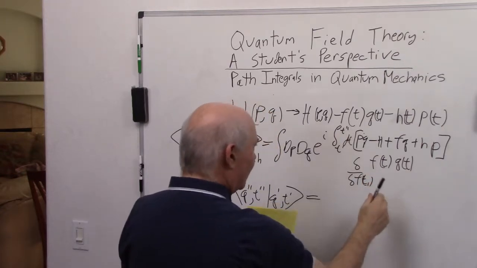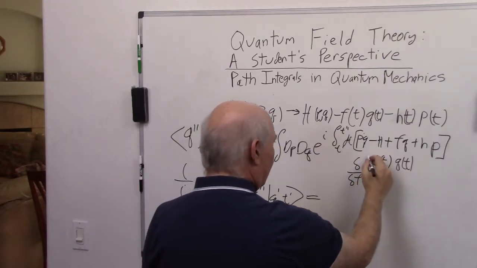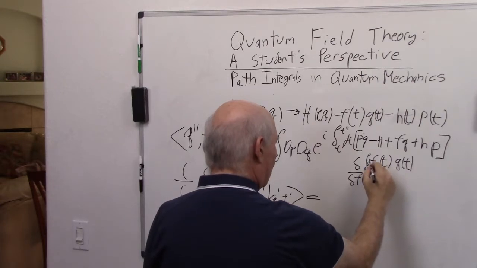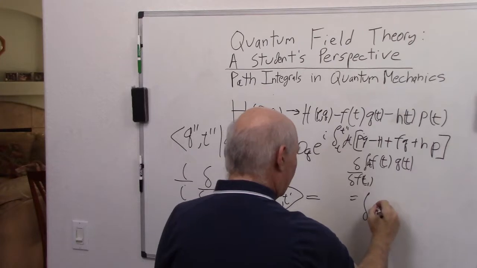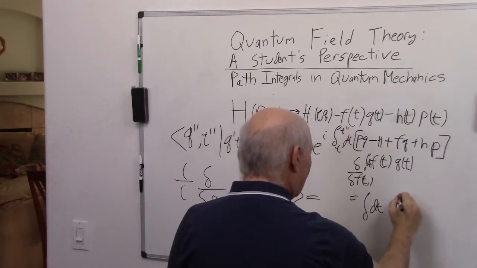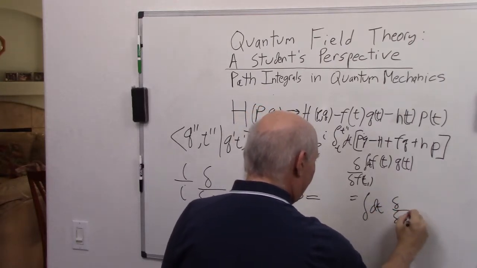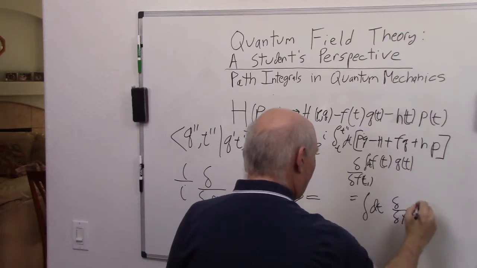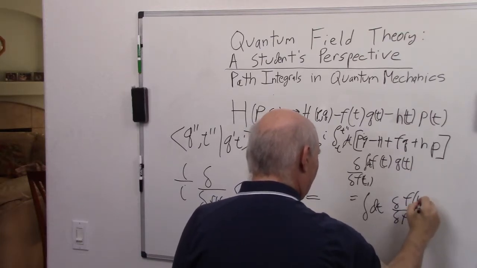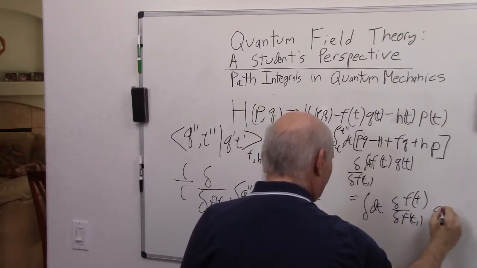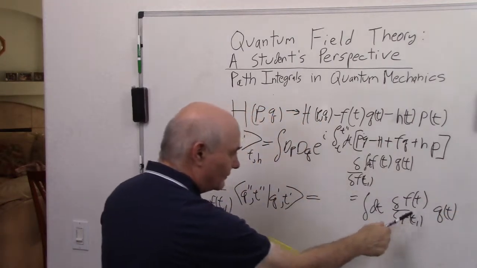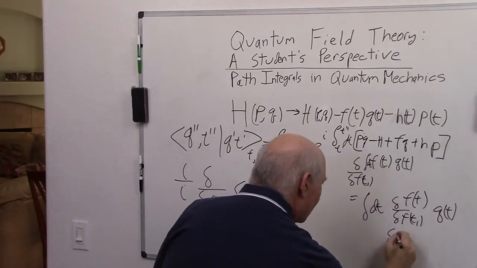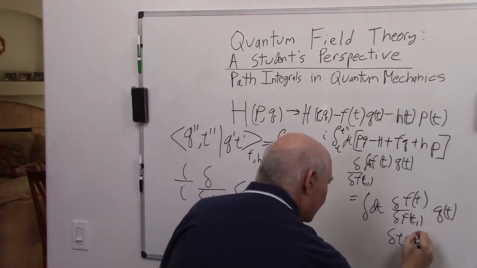Actually I have an integral dt, so I can bring it inside the integral dt, del f of t1, f of t, q of t. Now this is a well-known formula. This is just going to be the delta function, t minus t1.